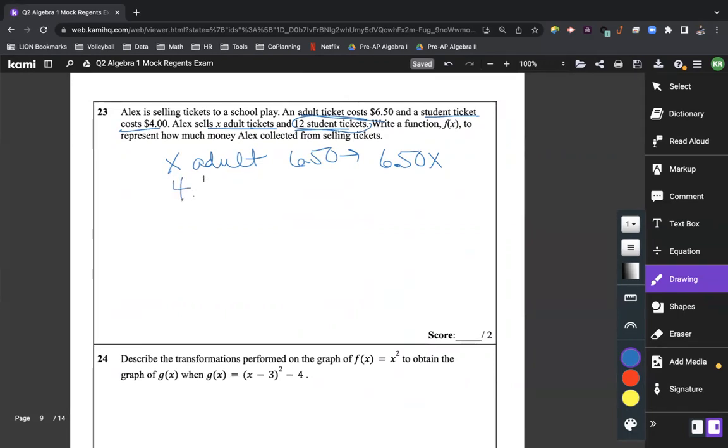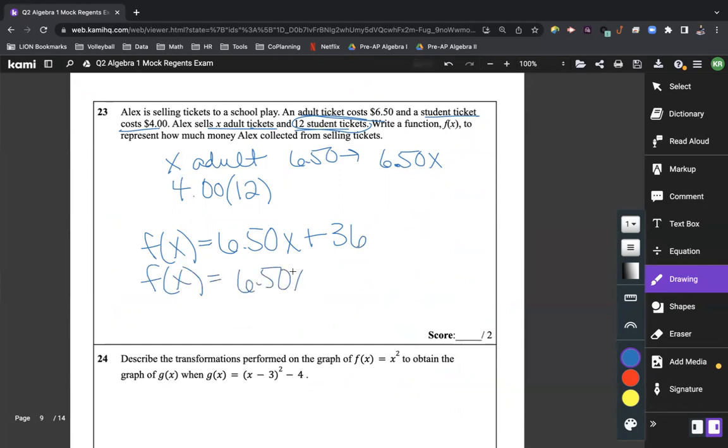So that would have been $4 parentheses 12. So the function would be f of x equals 6.50x plus, now, you can either do 12 times 4 and write 48, or you could write f of x equals 6.50x plus 4.00 times 12. Either of these would have gotten you full credit.